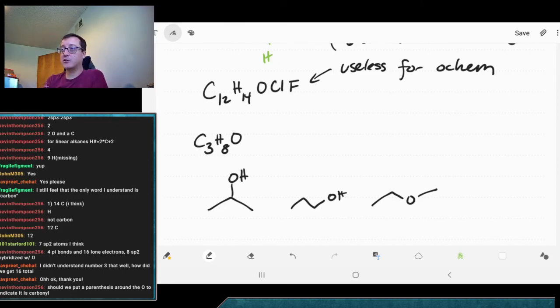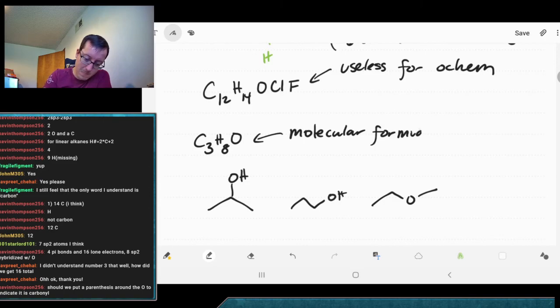These three structures that I've drawn here are all the same chemical formula, although I've not written them all out. Trust me on it, I suppose. So we're going to see that molecular formulas don't tell us anything about the structure.